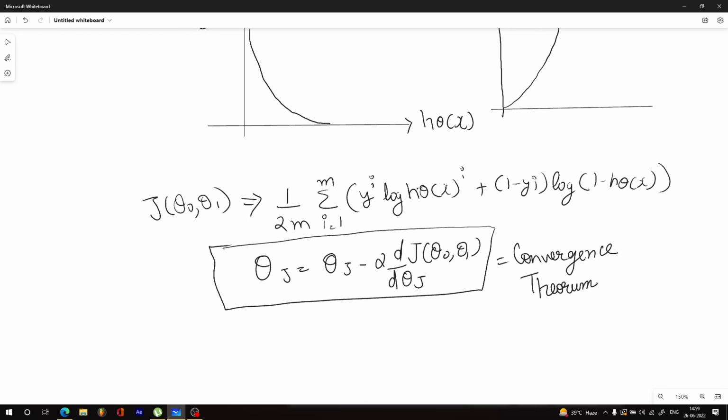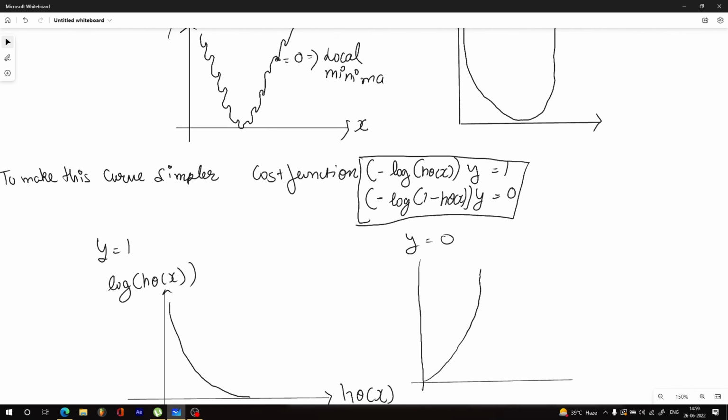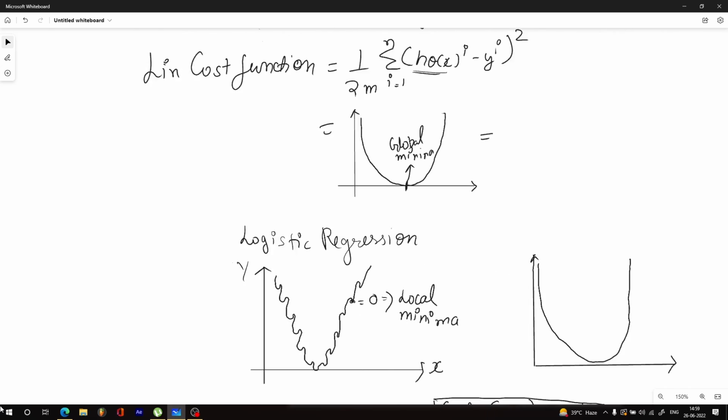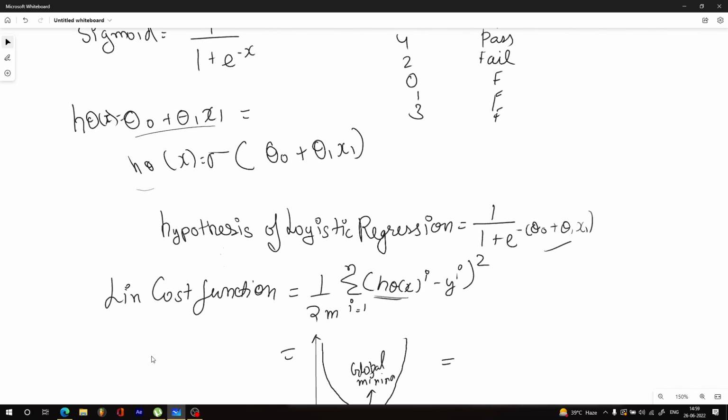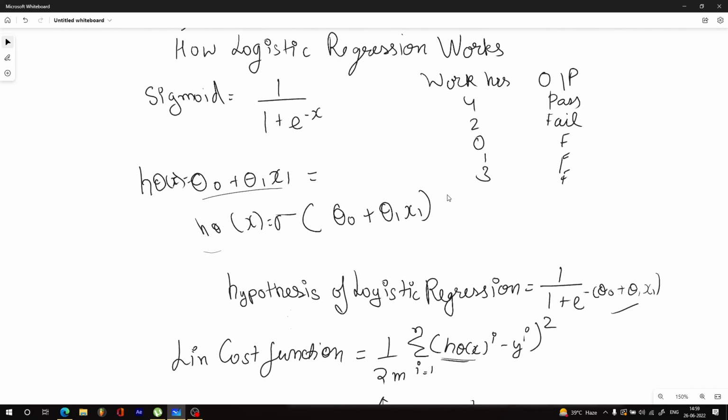So hopefully you were able to understand how logistic regression works. One more thing I forgot to explain is the graph of sigmoid. Really sorry about that. So sigmoid is represented in this way.